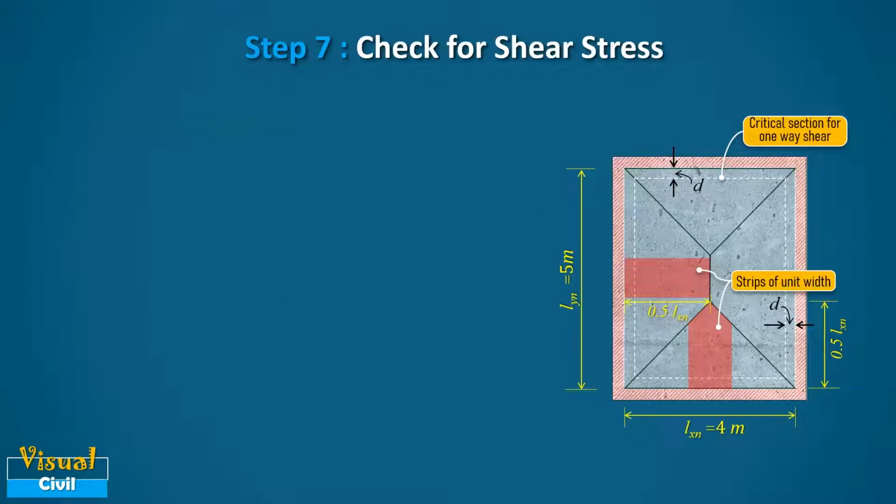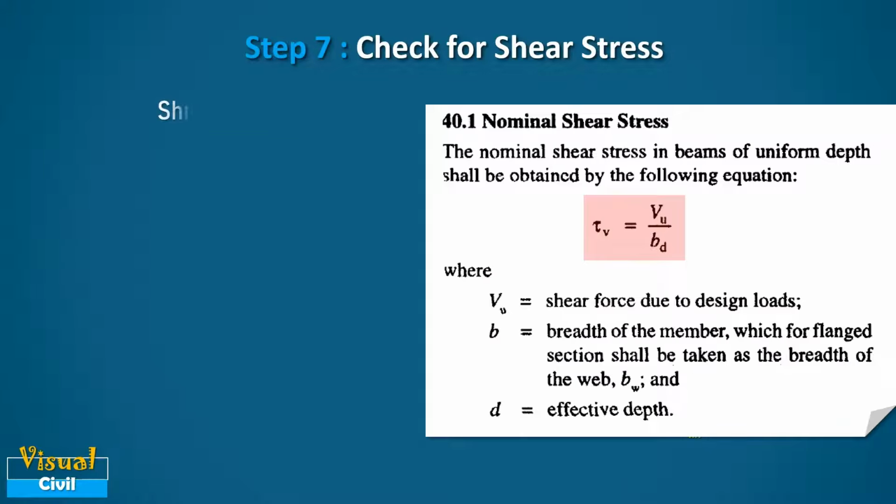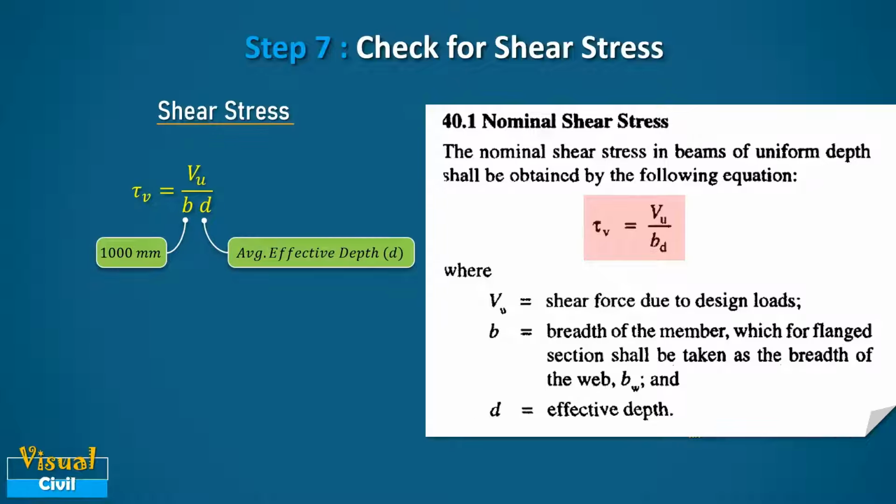The nominal shear stress due to shear force is obtained by using the equation in clause 40.1 of IS 456. In the equation, the value of B is equal to 1000 mm and effective depth D is the average depth of 135 mm. After putting all the values and solving, we get tau V equals 0.168 Newton per mm square.